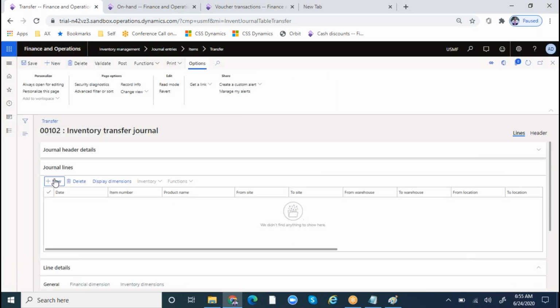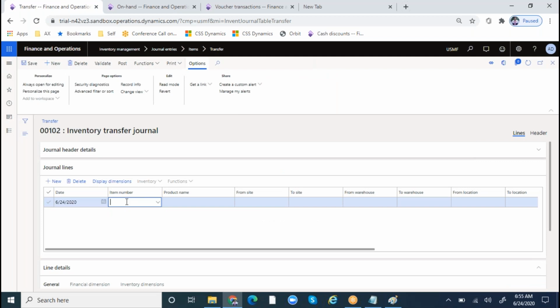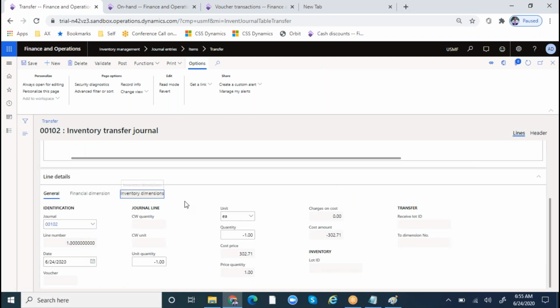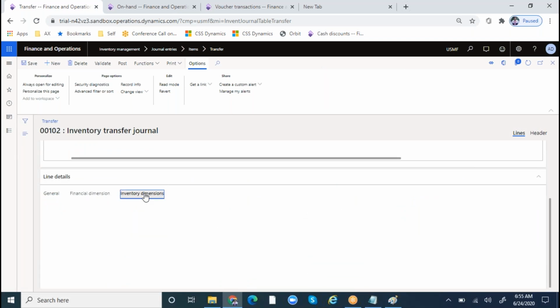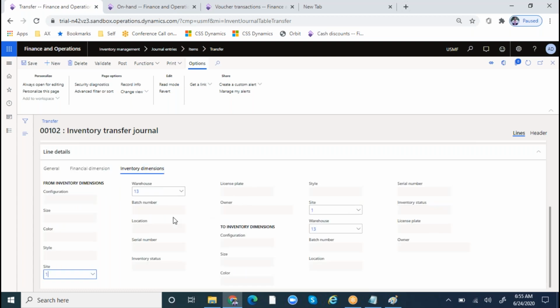So here I'm entering, suppose, D001 something. If you look at these dimensions, the way of representation looks odd, but in 2012 it is very nice because they are side by side.